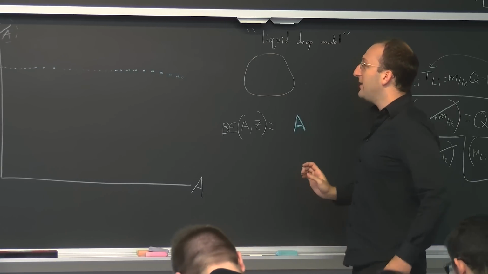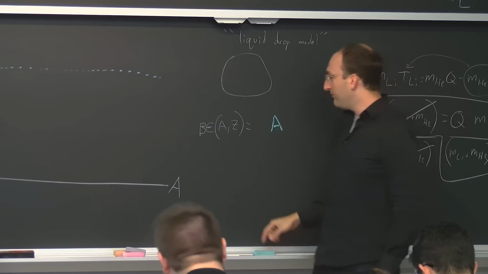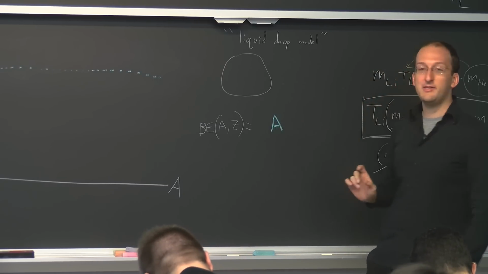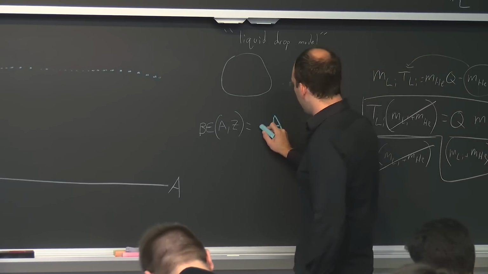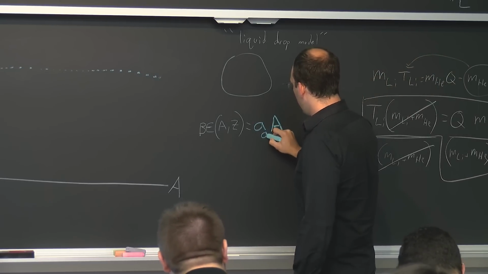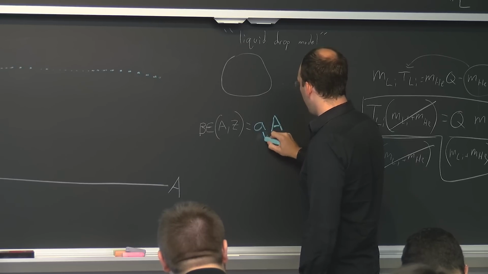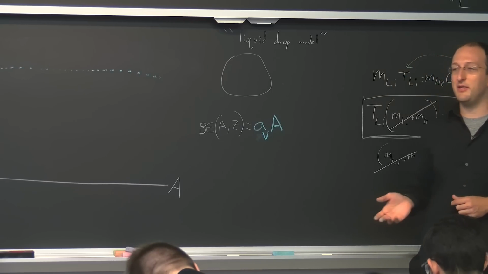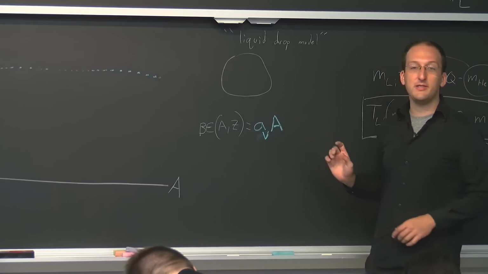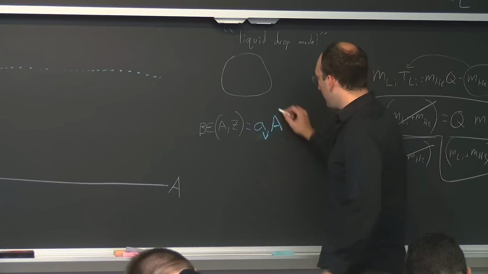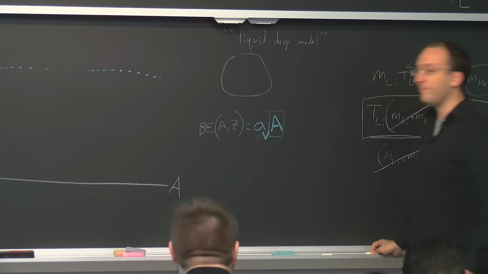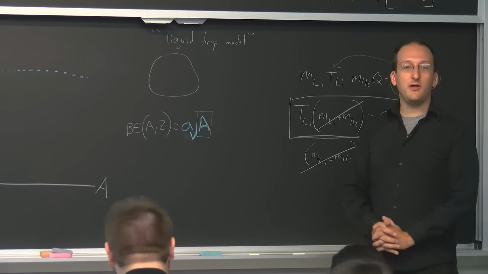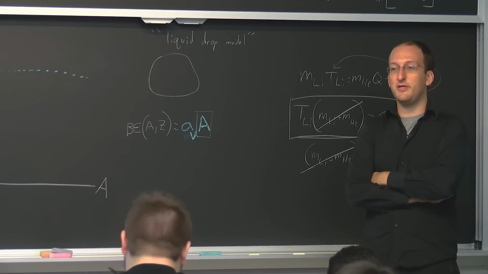If we were to graph binding energy per nucleon as a function of number of nucleons for this term, it would just be a flat line because it's related to A. And there's going to be some constant, which we're going to call the volume constant, that gives the relation between the actual amount of stability gained and the number of nucleons. We don't know what it is yet, but what we're really concerned with is the functional form of this thing. It's proportional to A. Next up, what also happens to a liquid drop as you increase its volume? What other parameters do you increase?